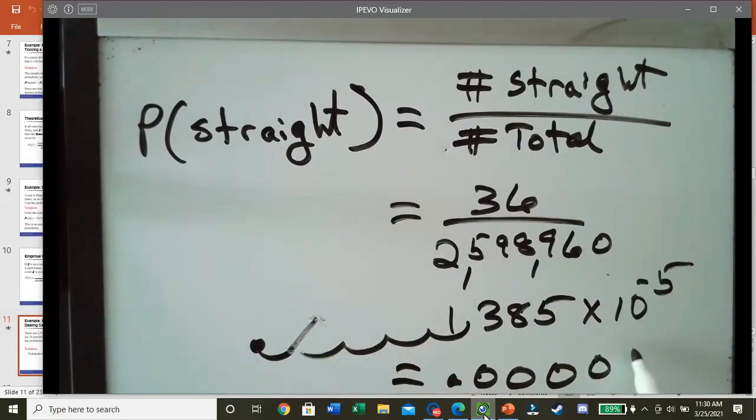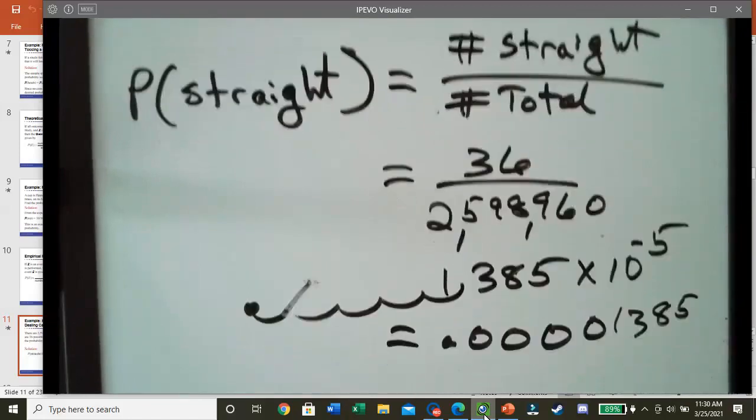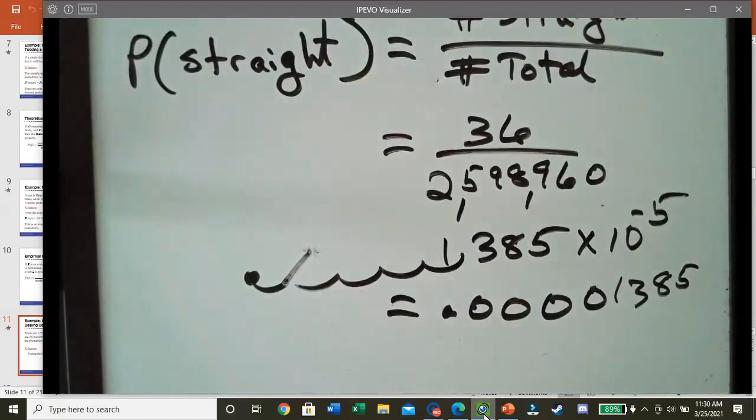So that would be 0.00001385. And so they rounded that up to 139. But that's the probability.